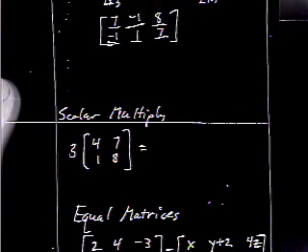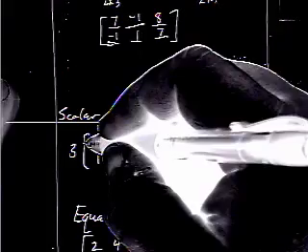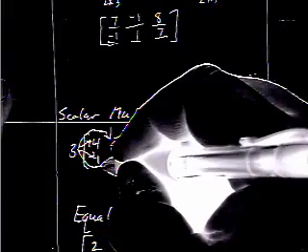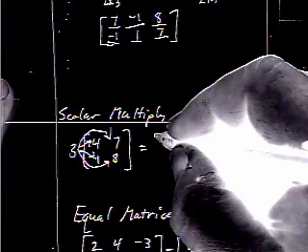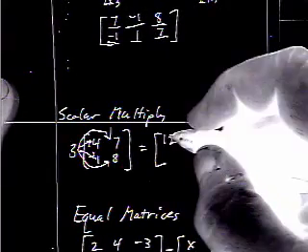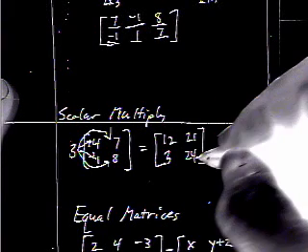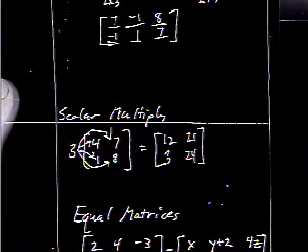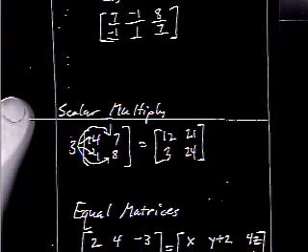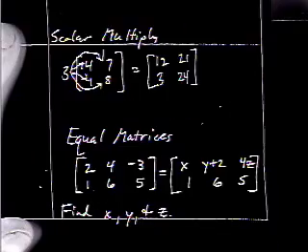Scalar multiplication is also easy. Scalar multiplication is when you multiply all the things on the inside by the number on the outside. So it reminds us a lot of the distributive property of multiplication. There's nothing different or unique or strange about that. Equal matrices.